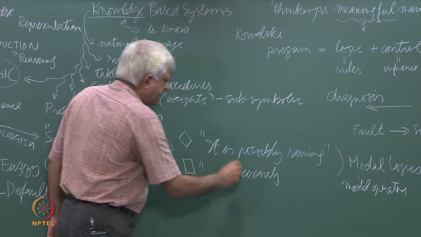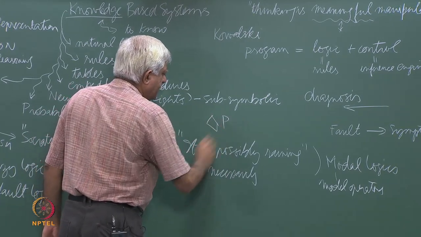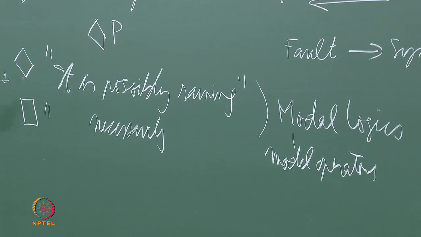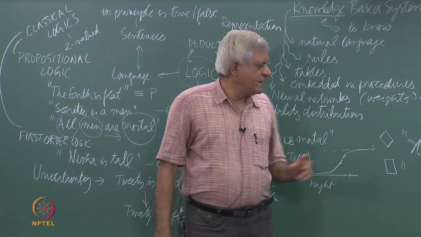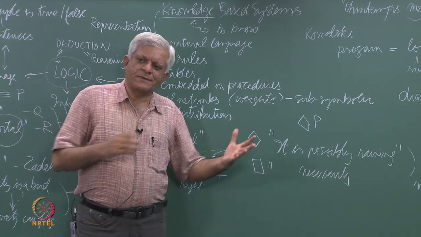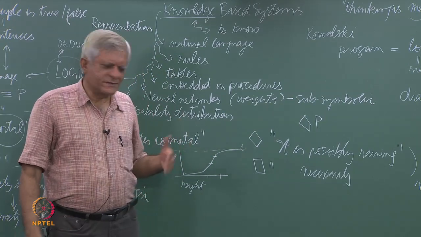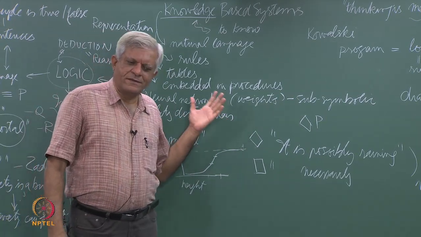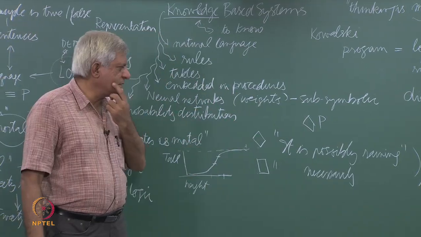And if you write a statement like diamond P, it basically means that P is some statement like this. For example, the earth is flat. If I say diamond P, it means it is possible that the earth is flat essentially. So, I have a language for expressing this essentially, and then they have mechanisms of reasoning with such statements essentially.